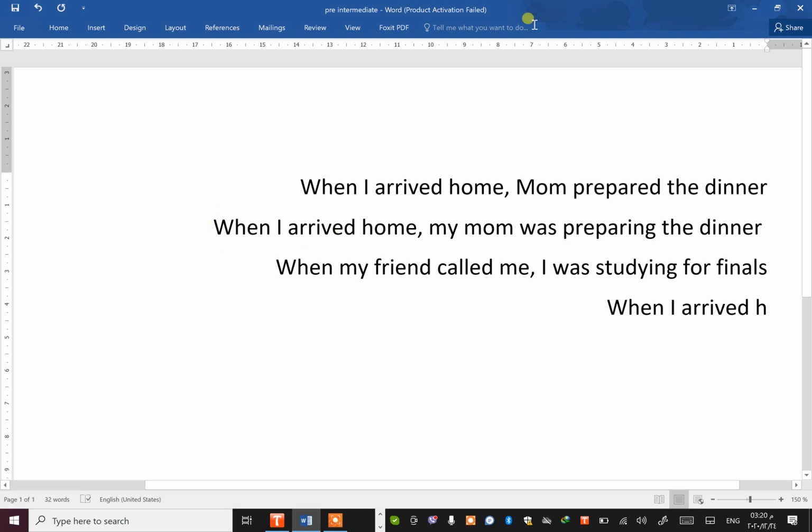Okay, but if I put when in the middle, like for example, my mom was preparing the dinner when I arrived home. فهنا ما يحتاج comma. You have to connect two sentences by comma if it starts with the connectors، إذا بدأت بconnectors هي when والwhile، وحتى as soon as، او بقية الكونكترز. لكن اذا خليتها بالميدل، ما نحتاج كوما.